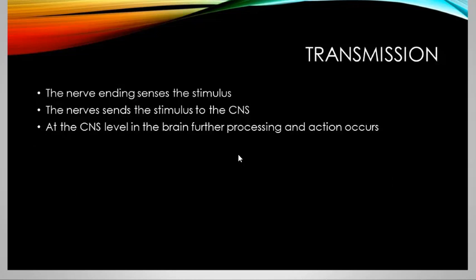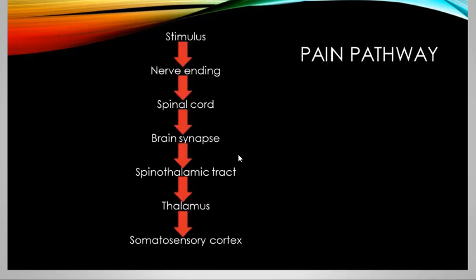And how about the transmission of this stimulus? The nerve ending senses the stimulus, and it sends the stimulus to the central nervous system. At the central nervous system level, once it gets to the brain, further processing occurs. So this is what the pain pathway looks like.